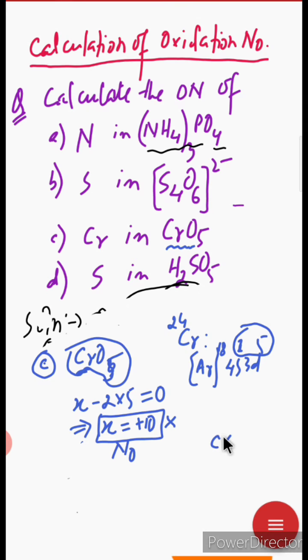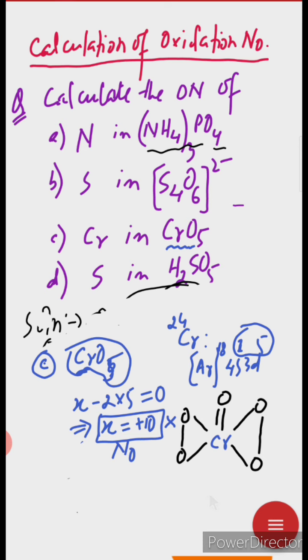This is chromium, and 4 oxygen atoms will be attached like this. This is oxygen, this is oxygen, a peroxide bond. This will be oxygen, this will be oxygen. This is also a peroxide bond, and one oxide is also present.